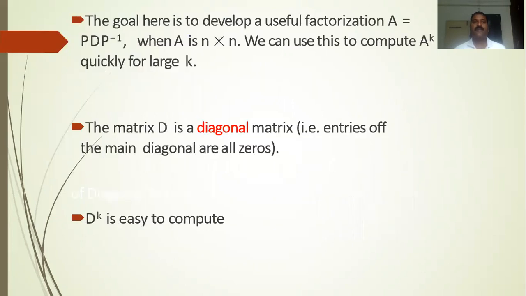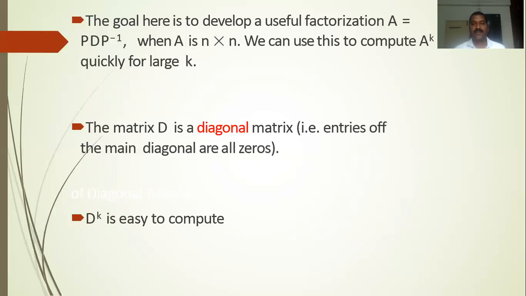So our goal is to develop a useful factorization A equals P D P inverse, where A is a given n by n square matrix, and we have to find P. That P we call in future a model matrix.